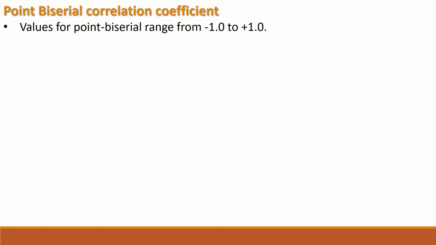Now, the test generates a value or values, and these values range from -1 to +1. +1 indicates a perfect positive correlation. A -1 indicates a strong negative correlation.